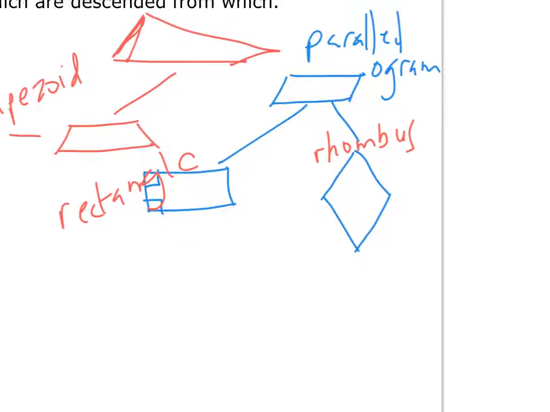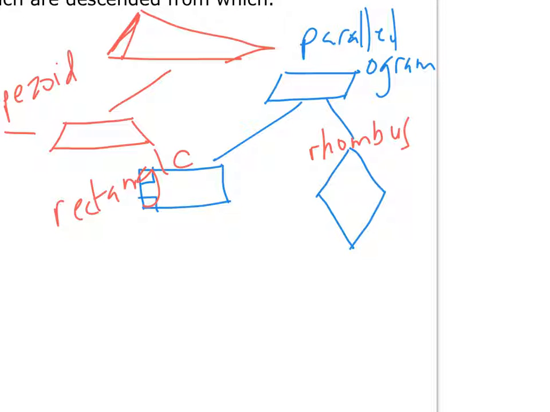And then you can say, okay, I got the rhombus and the rectangle. What if I put together those attributes and I say we're going to have equal length sides like here, and we're going to have right angles like here, so then we get the square. So the square is a rhombus, but it's a rhombus that has right angles, so it's also a rectangle.